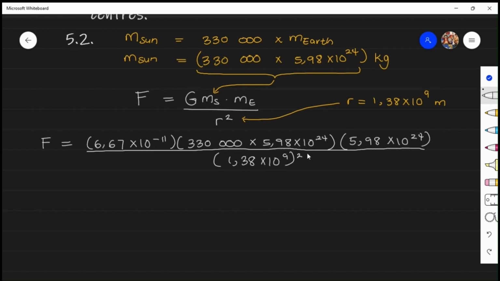Don't forget to include the squared on top of your distance for the distance between the centers because r is squared. If you forget it or exclude it, your answer is going to be incorrect.